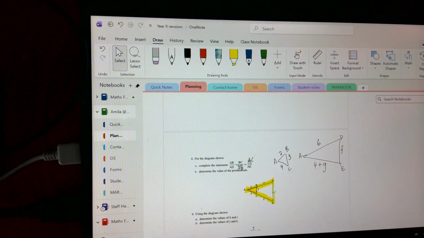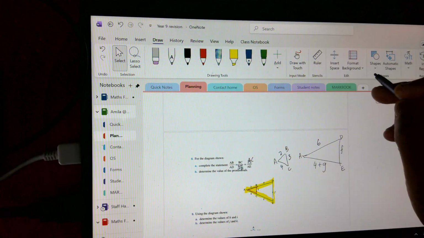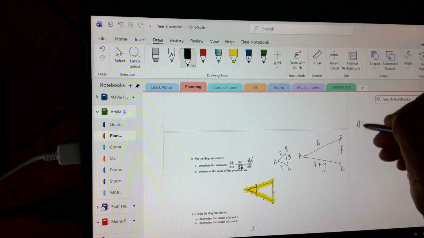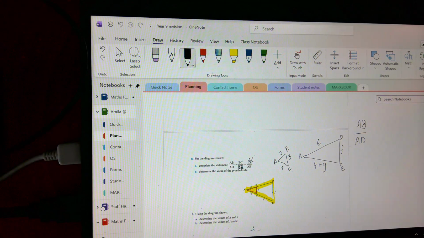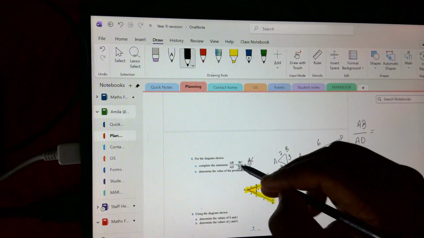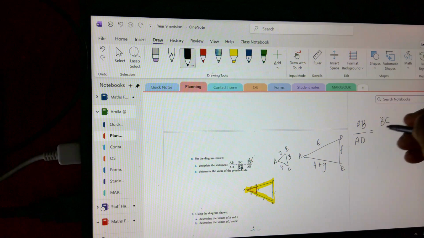So I'm going to start with finding F first. So I'm going to take one portion of that statement, AB over AD, and I'm going to equate that to BC over DE. Since they're all equal to each other, we can maneuver things around here.